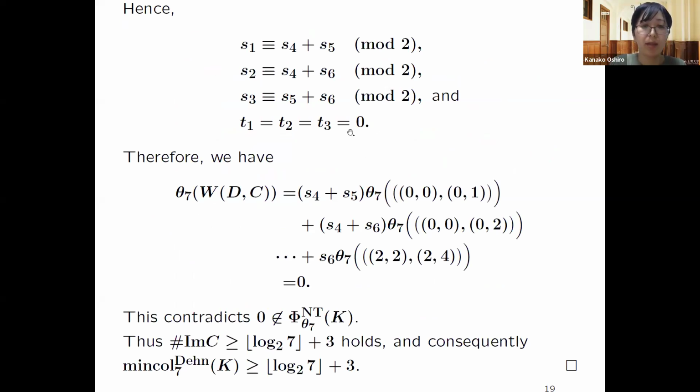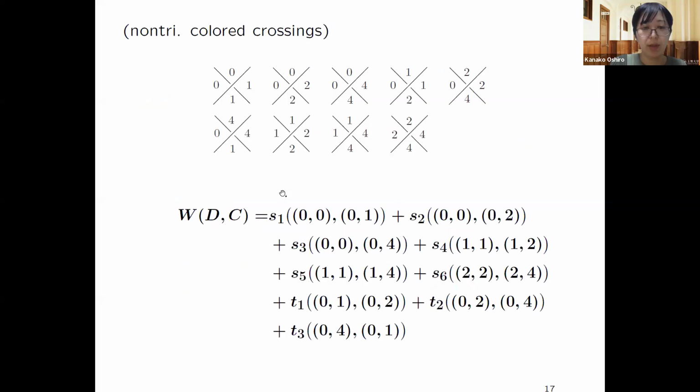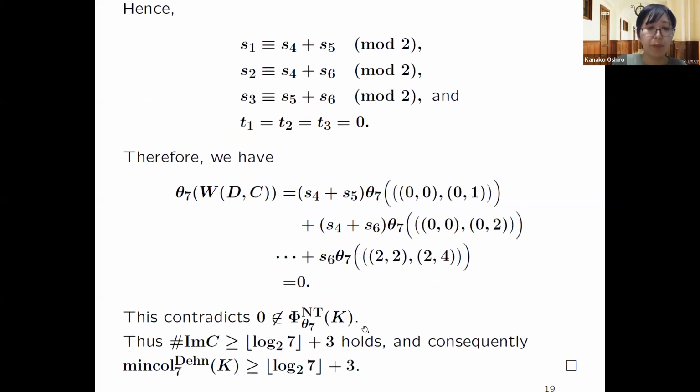So by applying these relations for this WDC and sending this WDC by theta 7 to the cocycle theta 7, we have this value is equal to 0. So this contradicts that the cocycle invariant doesn't include 0. So this assumption contradicts this assumption.